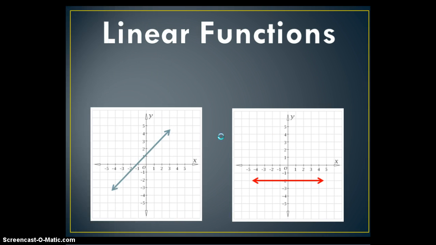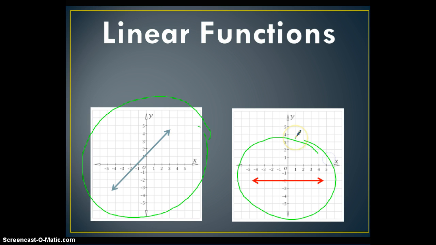And so we look at these two examples. To our left, we have this guy right here, and we say, hey, is he a linear function? Yes or no? Yes, he is, because he's a straight line. And we look at this guy here, is he a linear function? Well, the rule said a linear function is any function whose graph is a straight line that is not vertical.